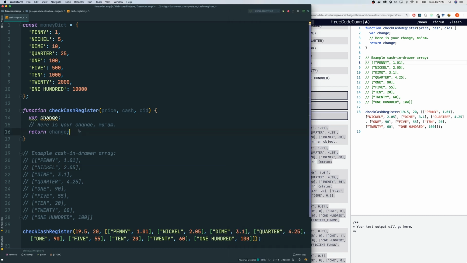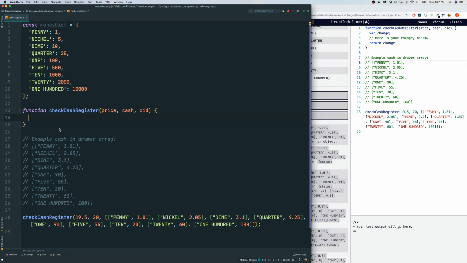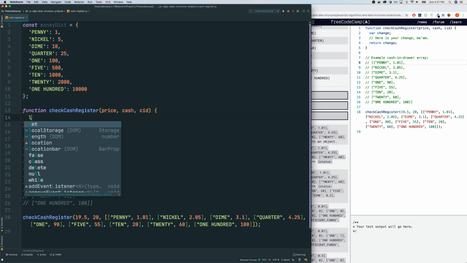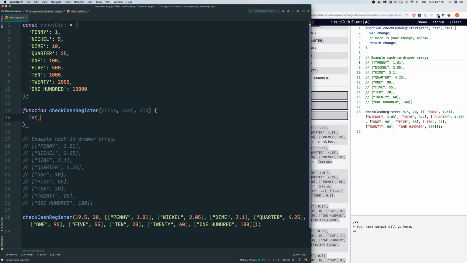So that's what we want right here. Let's erase all this nonsense. What should we call that? I'm gonna use the keyword let instead of const, because I'm gonna change this value as we go on, and that'll make more sense as we keep on going. But let's just call this amount left to pay. How about that?